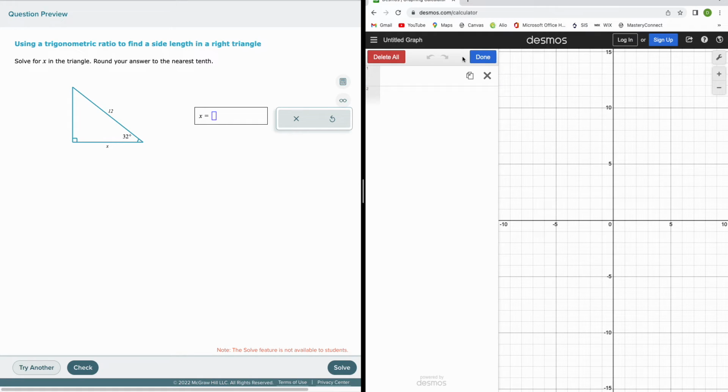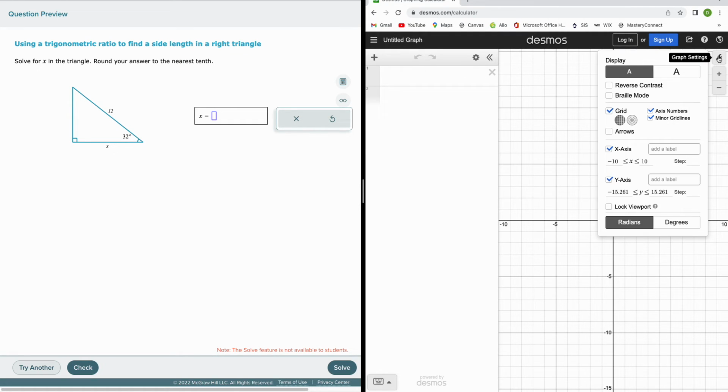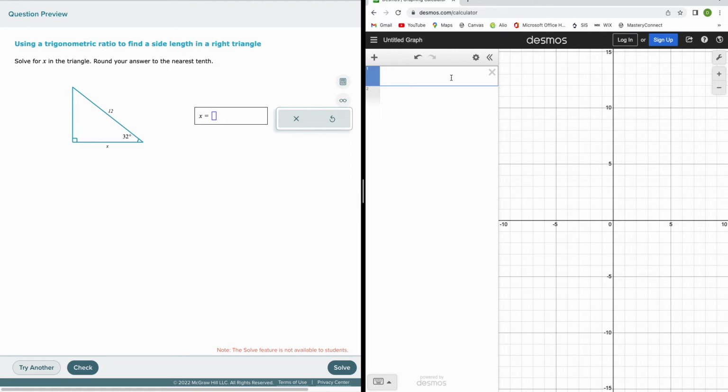Now before you start, you need to go into your Desmos here and click the Tools button and make sure you are in degrees, because if you are not in degrees, this is not going to work, okay? Now you come over here and you type in cosine of 32 is equal to x over 12.